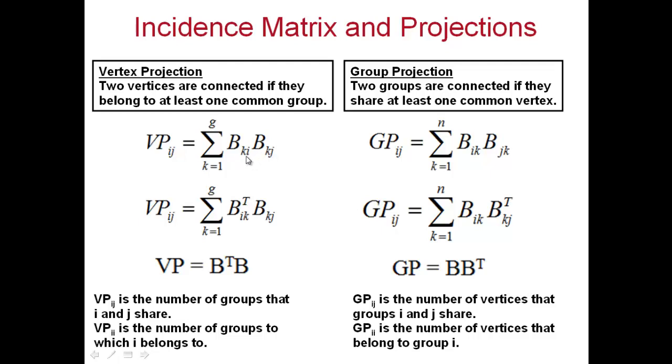To make the common index match, take the transpose of the first matrix, so that becomes the i k matrix. Now k is the column index and it matches the row index here. So now we can do matrix multiplication as the transpose of the adjacency matrix times the adjacency matrix itself.